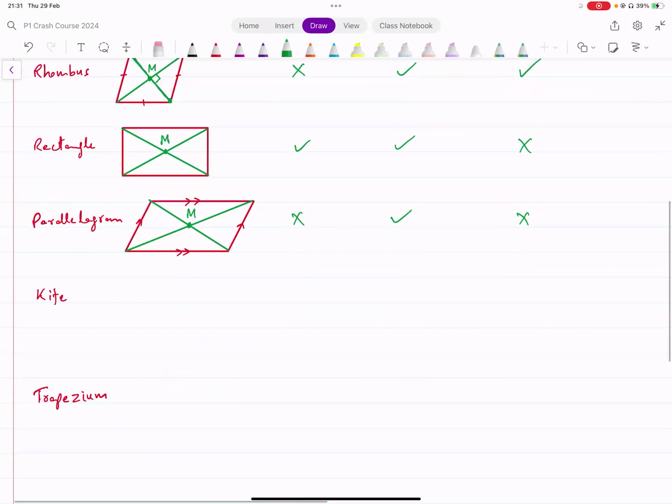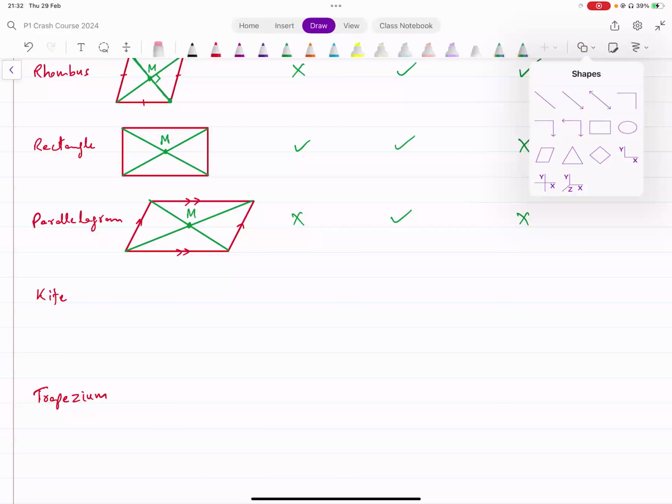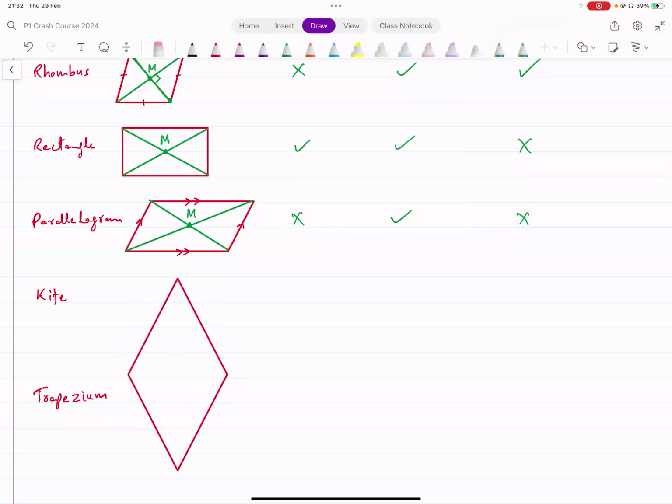What about a kite? What does a kite look like? A kite is a shape like this. So a kite would look something like this.